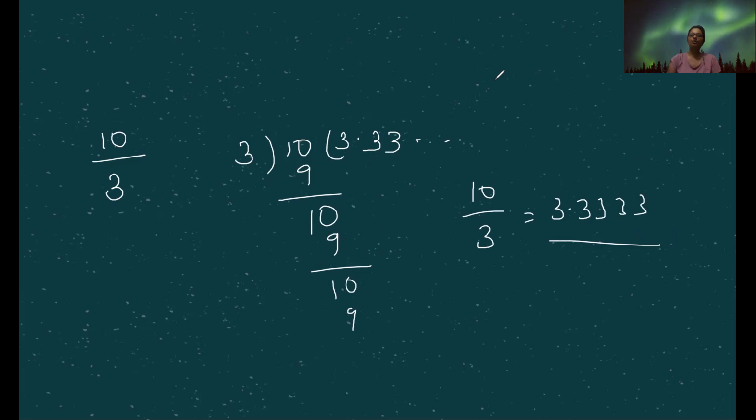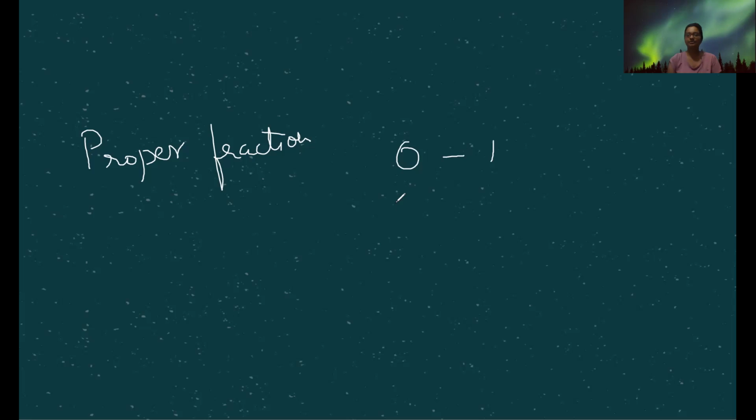So all you have to remember is, for a proper fraction, the answer will always be between 0 and 1. The answer will start from 0, 0.1, 0.2, 0.3, 0.4, like that.